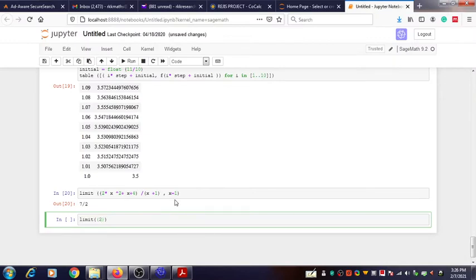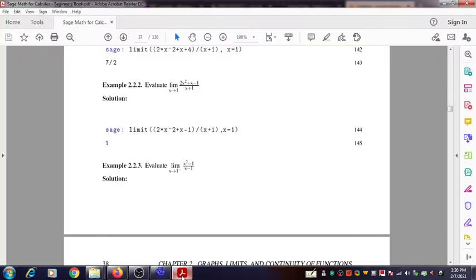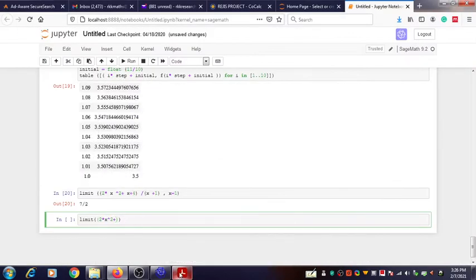You can type 2 star x cap 2. So now 2x square is okay. Then plus x, then minus 1. That's the complete numerator expression.